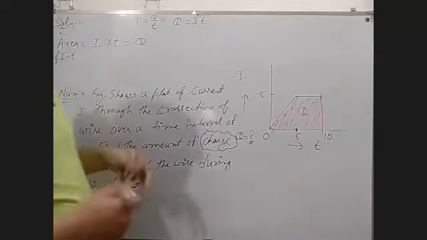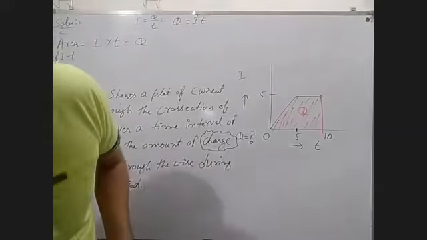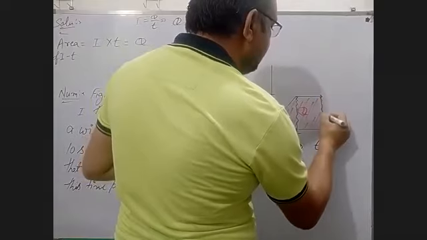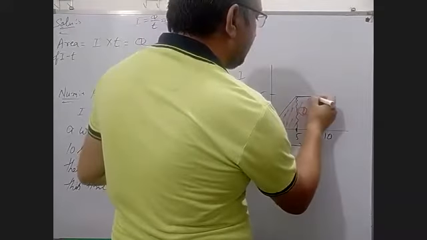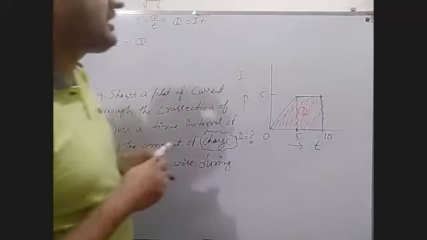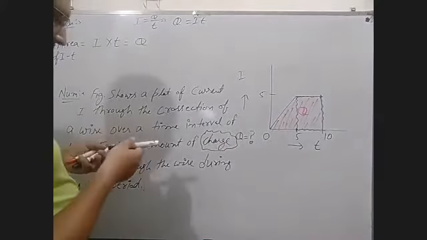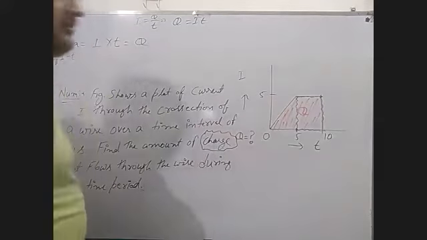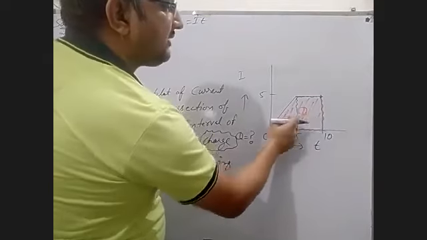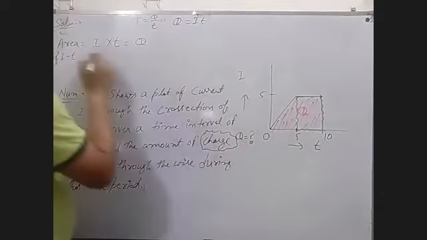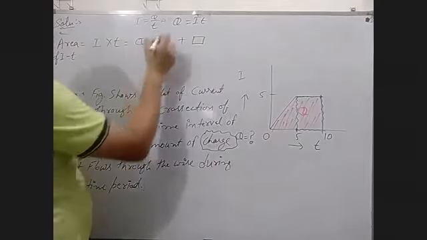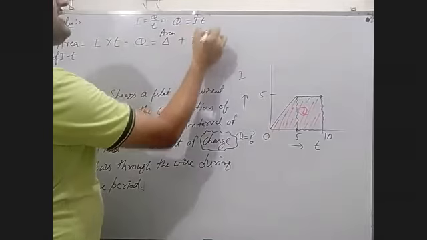Otherwise, you can also take this area in two portions: one is a rectangle and the other is a triangle. Both will give the same result, whether you take the trapezium area or the sum of the triangle and rectangle areas. Now we take triangle plus rectangle area, because it is easy work.